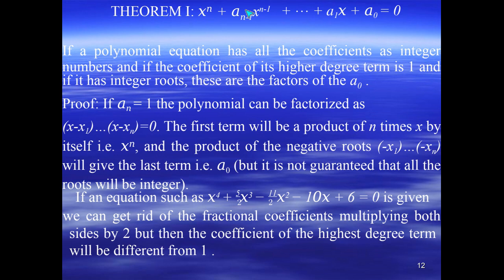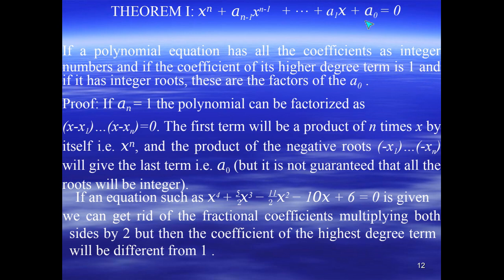All right. So, if a polynomial equation of that type has all the coefficients as integer numbers, and if the coefficient of its highest degree term is 1, as it is here, and if it has integer roots, these are factors, or divisors, of a0.